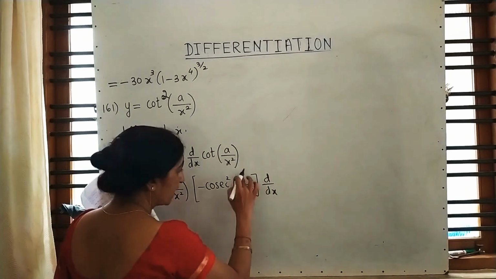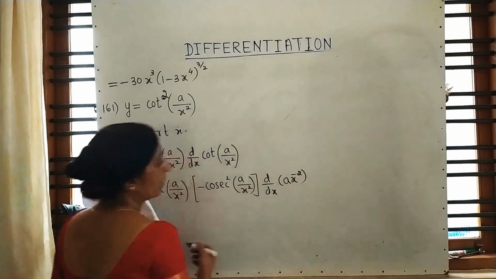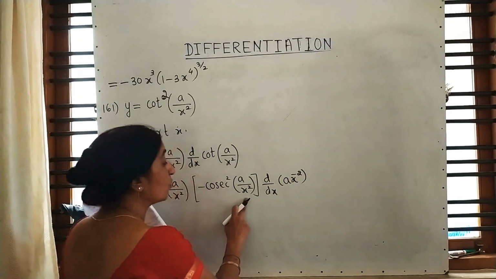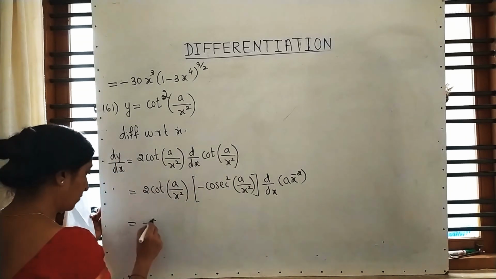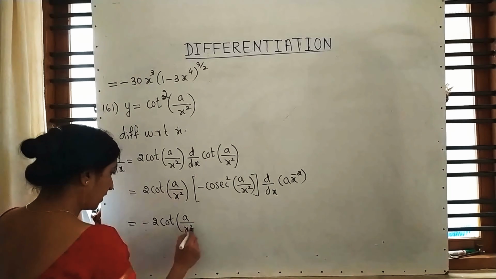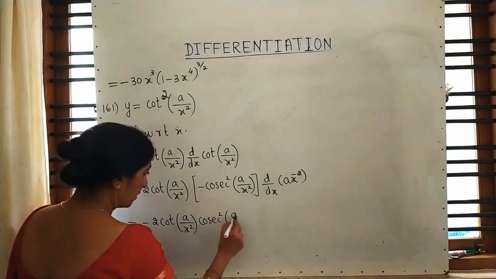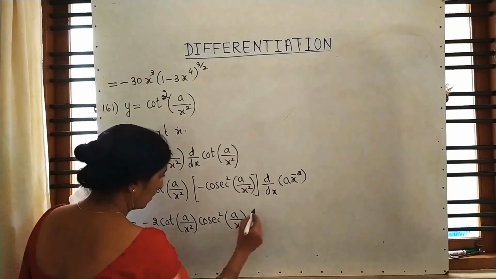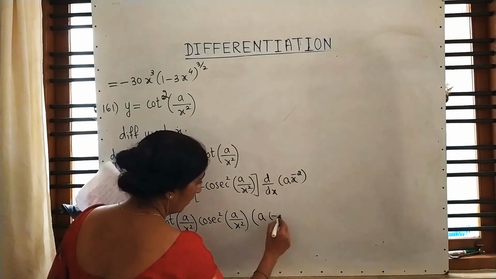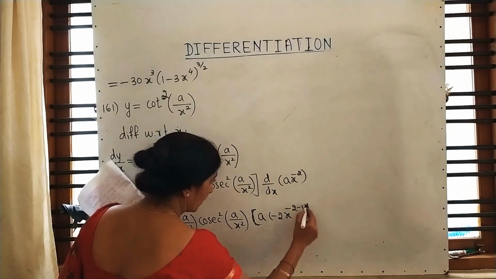See, instead of writing a by x square, I am writing a into x to the power minus 2. Don't apply u by v, because x is present only in the denominator. It is minus 2 cot a by x square into cosecant square a by x square, in the bracket a as it is. This is minus 2 x to the power minus 2 minus 1.